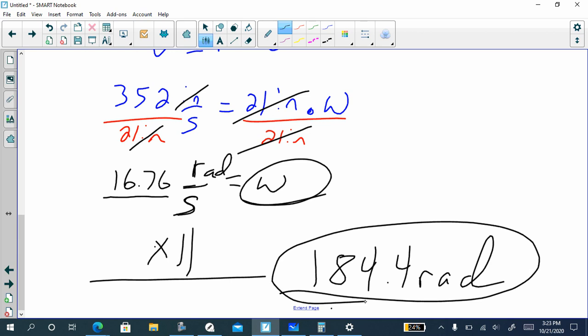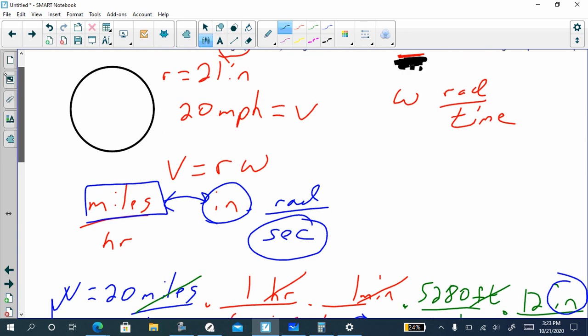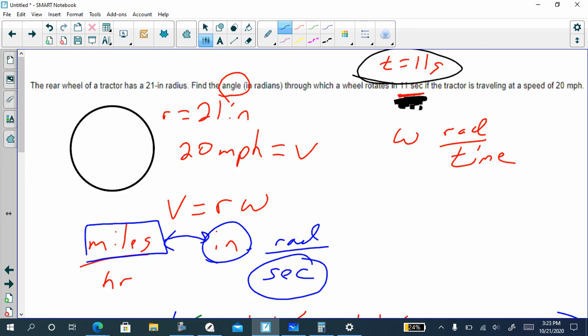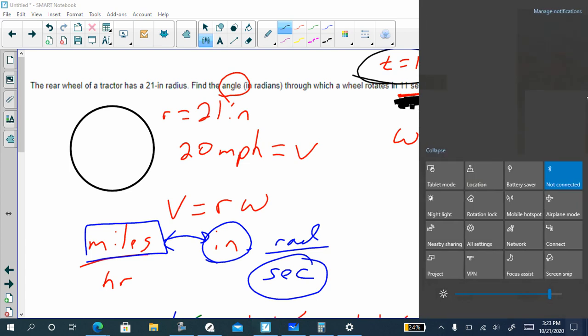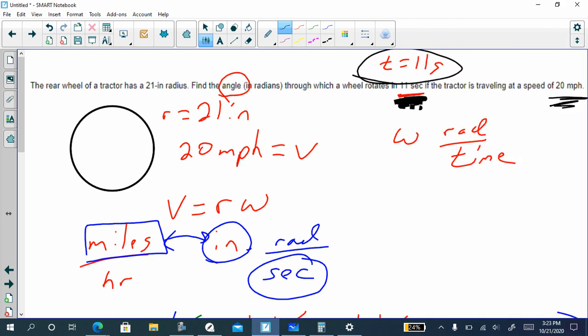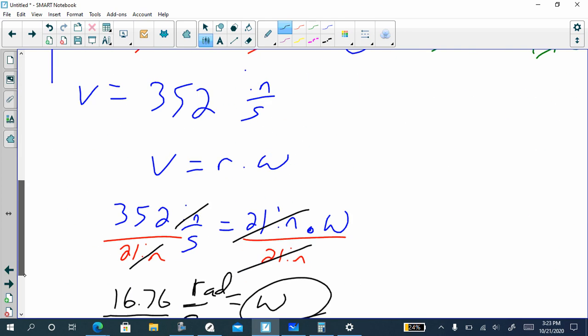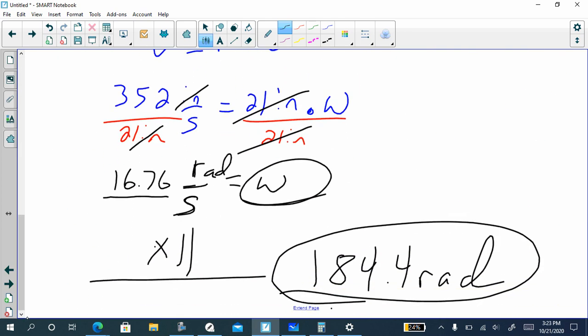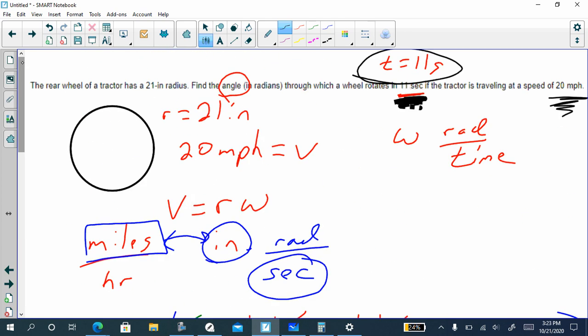So with that size wheel, and that tractor is going with a velocity of 20 miles per hour, that's how many radians the tire goes through in 11 seconds. If we multiplied that by seconds, those seconds and those seconds would cancel. We'd be left with radians. If we wanted to know it in degrees, we could find it in degrees.